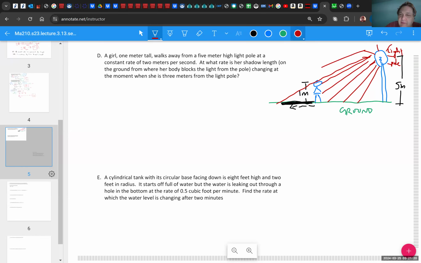Light also goes here, light goes everywhere. But she blocks part of the light, meaning the part after her body, where her body blocks the light, is where the shadow is. So this right here, let me put that in black, this right here is my shadow.